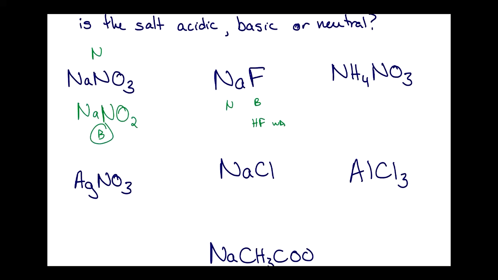All right, what's next? Silver nitrate. So which one can we just ignore right off the bat? Nitrate we can ignore because it's pH neutral. But the silver, this one's tricky. It's not a group 1 or 2 metal. It's actually a transition metal.